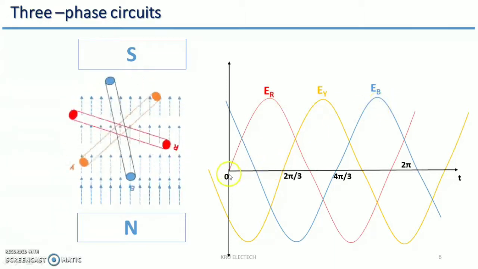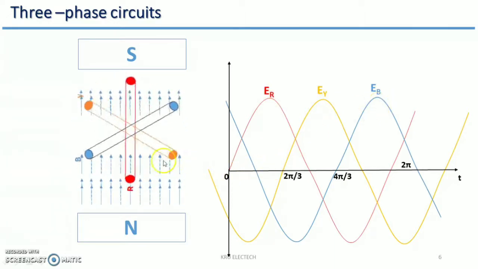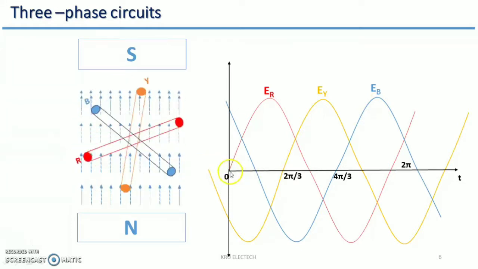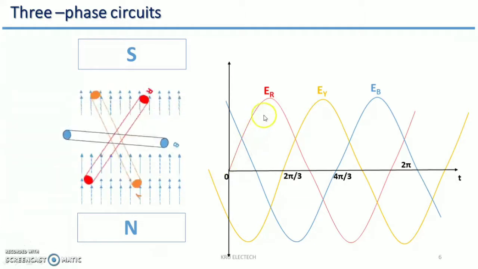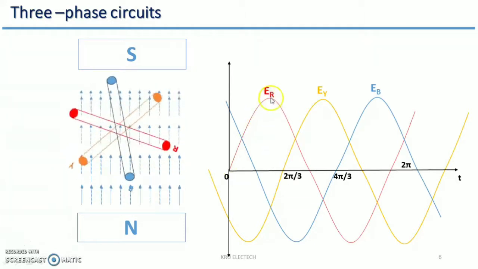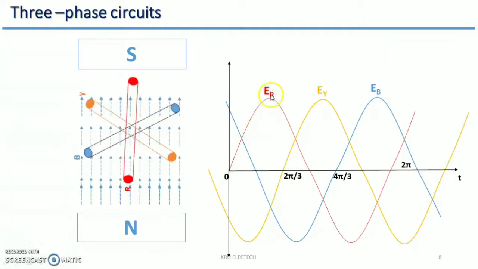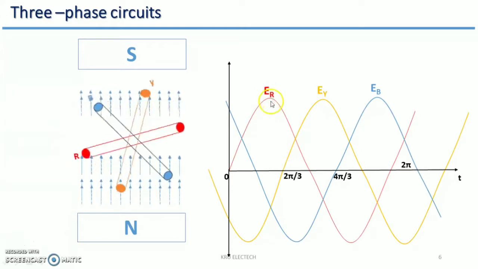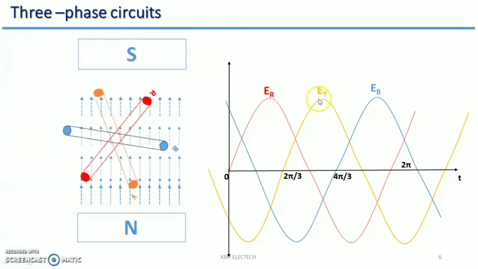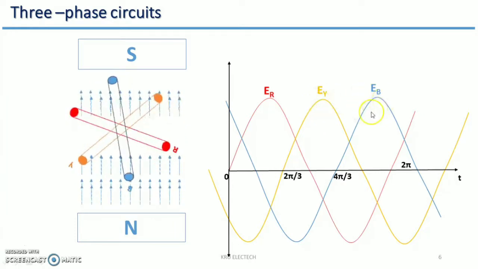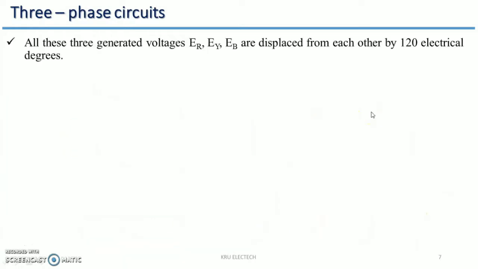From 0 degrees the minimum flux is linked with coil R, and from there the maximum flux is linked with the coil. At that time the maximum EMF is produced by this coil, and the same for the other two coils, Y phase and B phase. All these three generated voltages are known as ER, EY and EB.